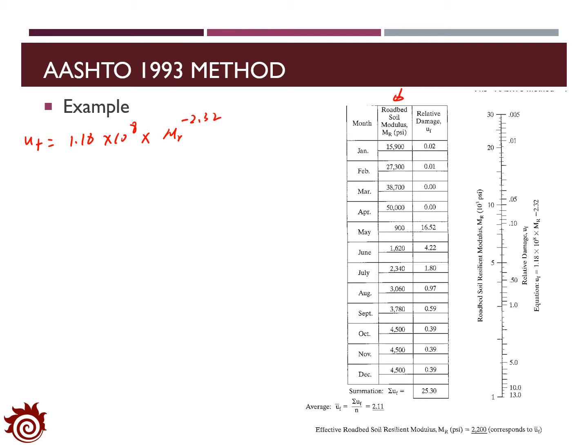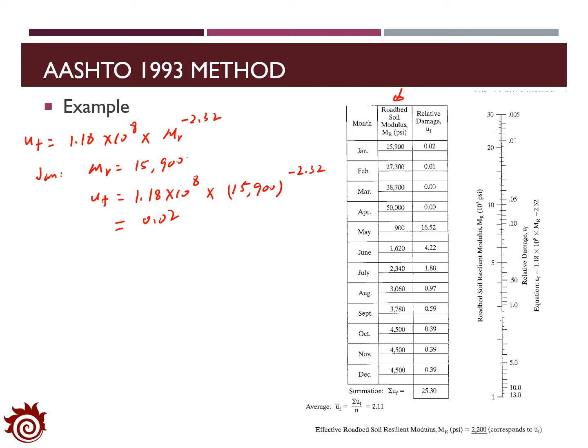For example, for January, we have MR equal to 15,900, and we can use the equation to find out UF as 1.18 times 10 to the power of 8 times 15,900 to the power minus 2.32, which will give you the value as 0.02.